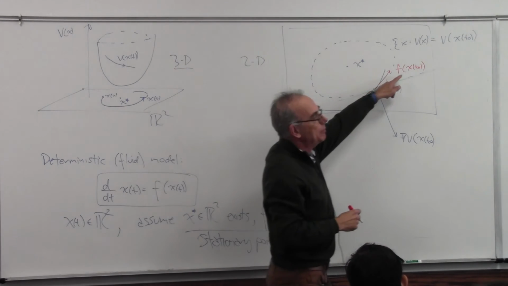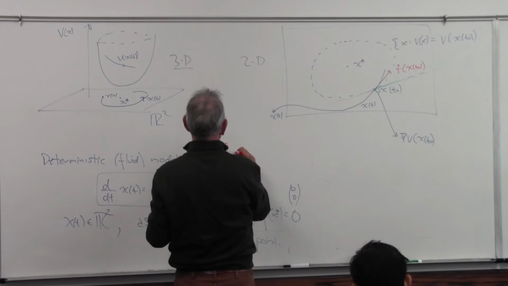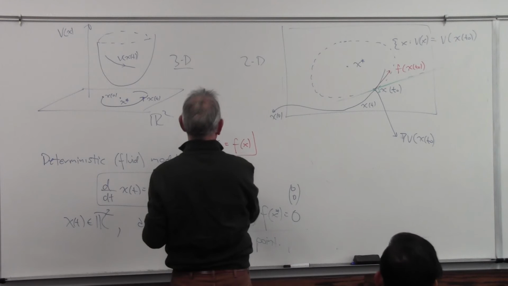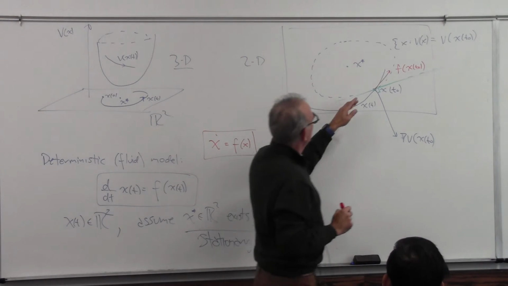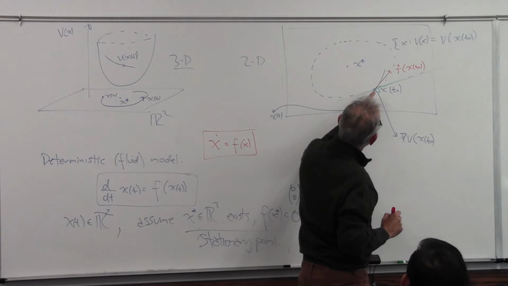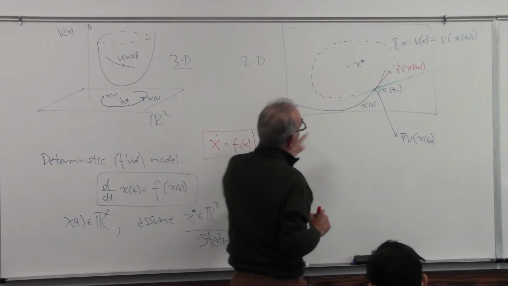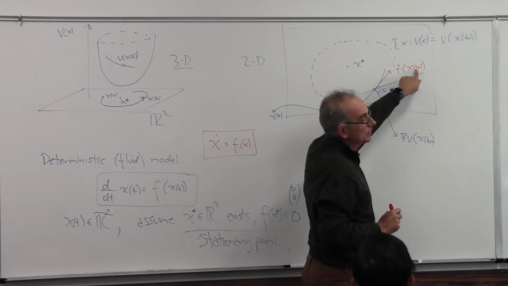So remember, x dot equals f of x. I'm saying that here's a path of x of t, and we know that its derivative x dot is along the path, and x dot is f of x of t naught.